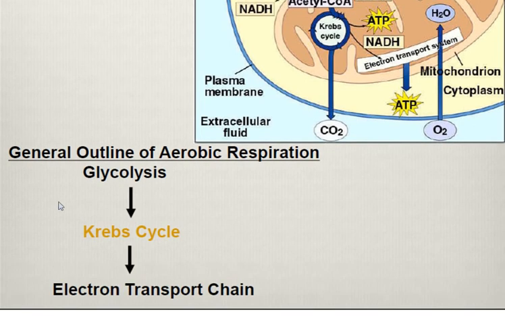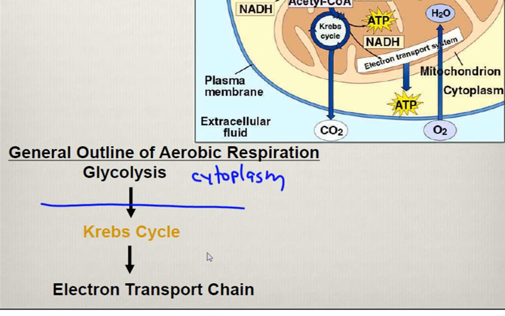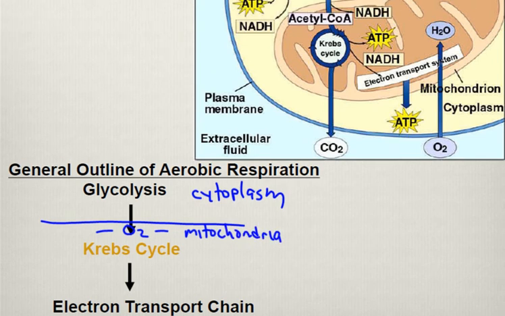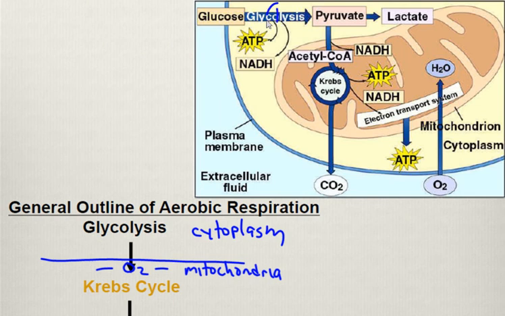So far, everything, this is in the cytoplasm. Glycolysis, if oxygen is present, then we enter the mitochondria and we stay there until the end. So what we have here, step 1, if there is oxygen, we enter the mitochondria. If there is no oxygen, we enter what's called anaerobic.